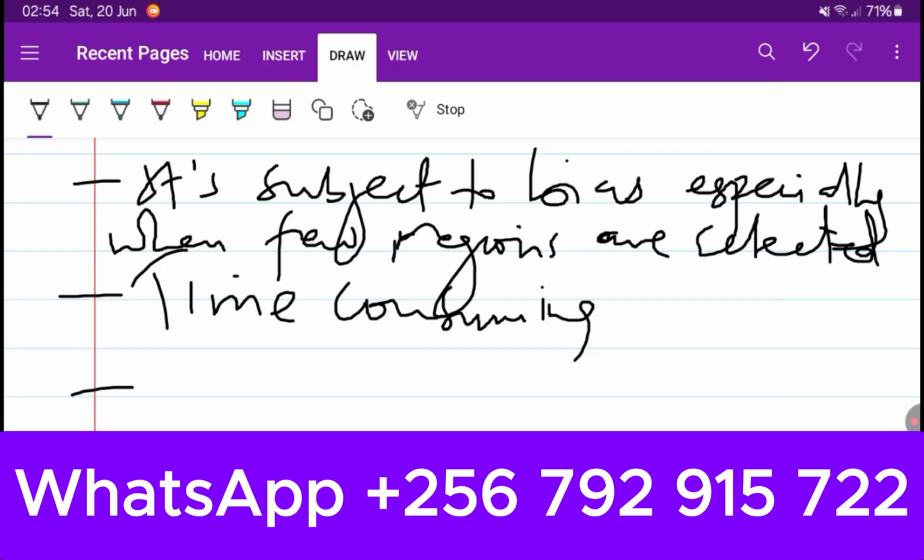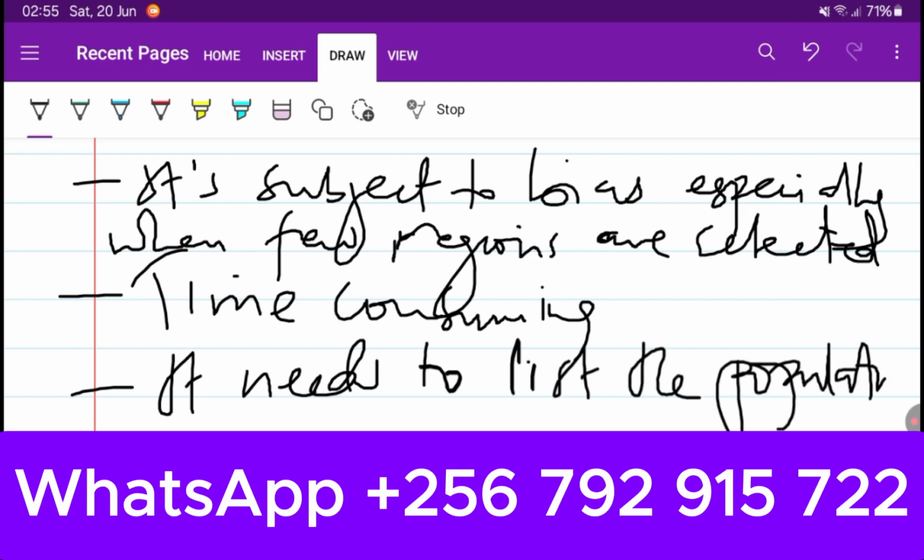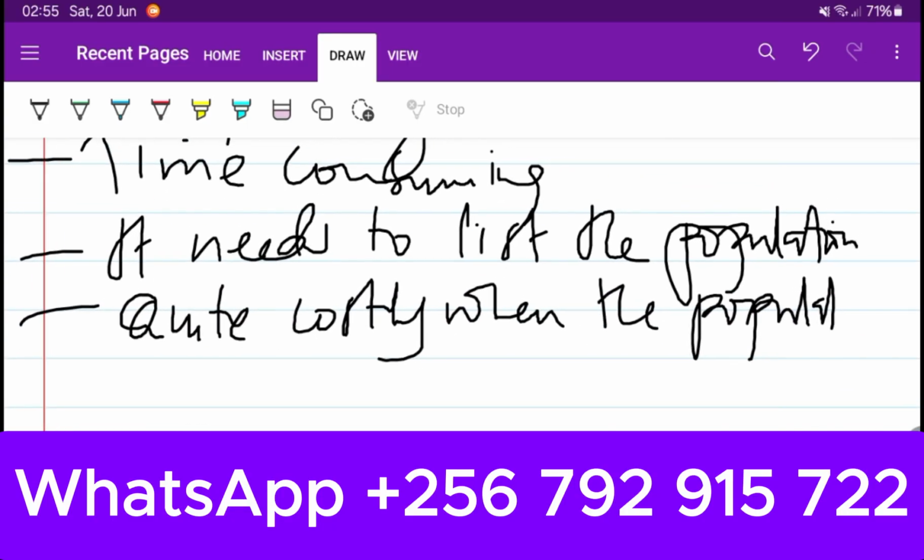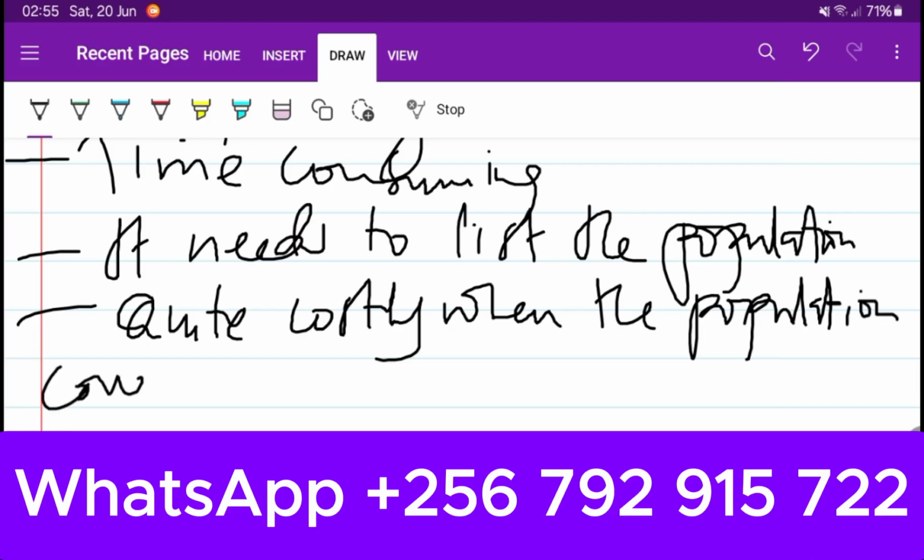Then the other problem is that it needs population listing, and at some point it can be quite costly, especially when the population covers a wider geographical area.